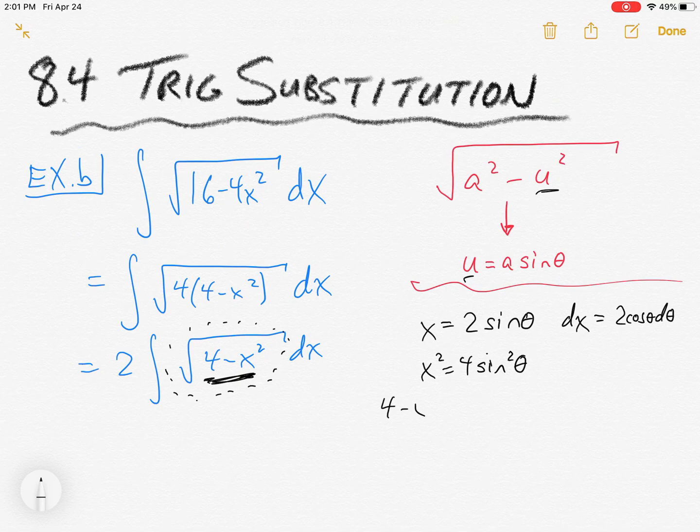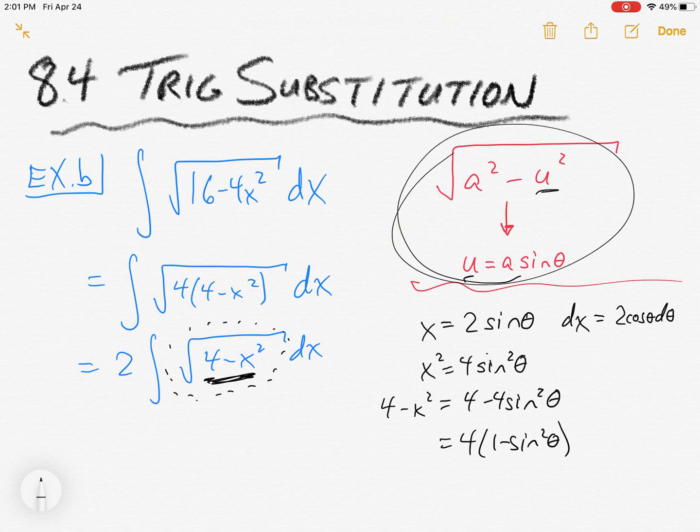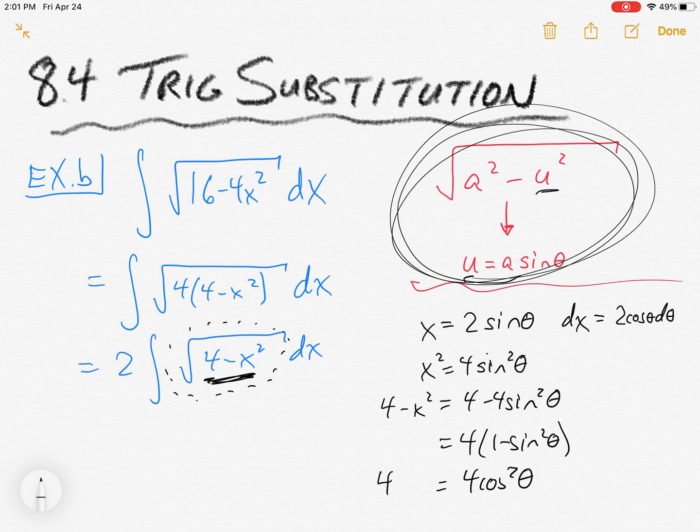But now I want to build this right here. And this is my favorite part. So to build it, what do I need? I need to first square the x. So square both sides. Then I don't want just x squared. I want 4 minus x squared. So I'm going to do 4 minus on both. So 4 minus that thing. And then before you square root, you always can factor. So when you factor out, you get 1 minus sine squared theta, and that is always a trig identity.